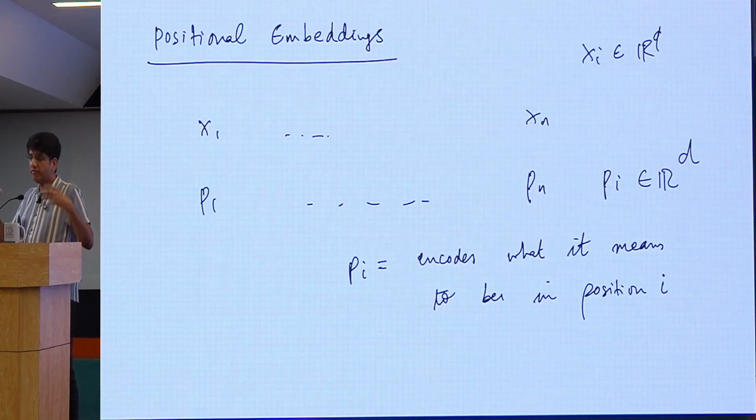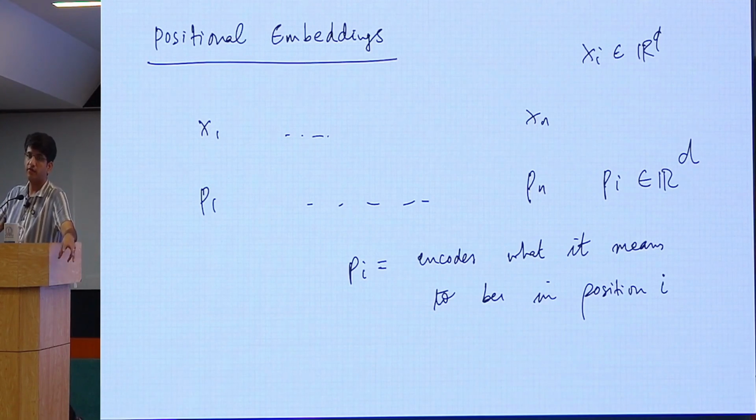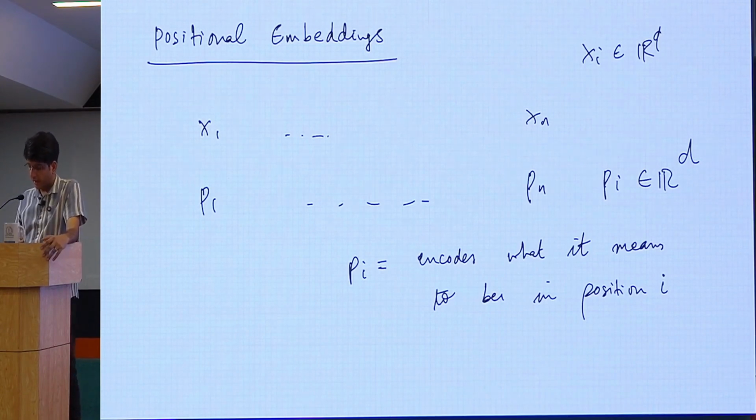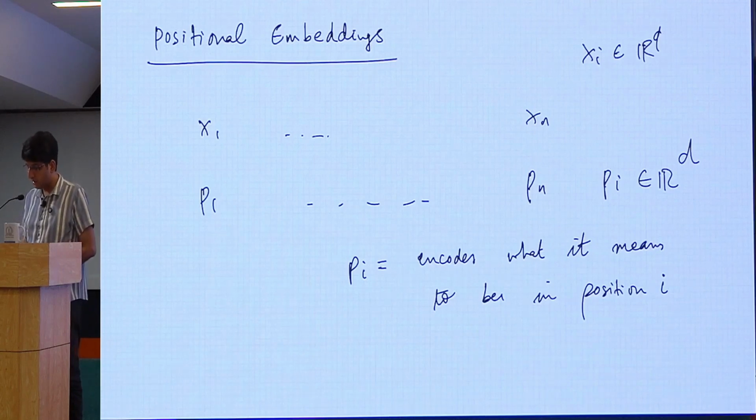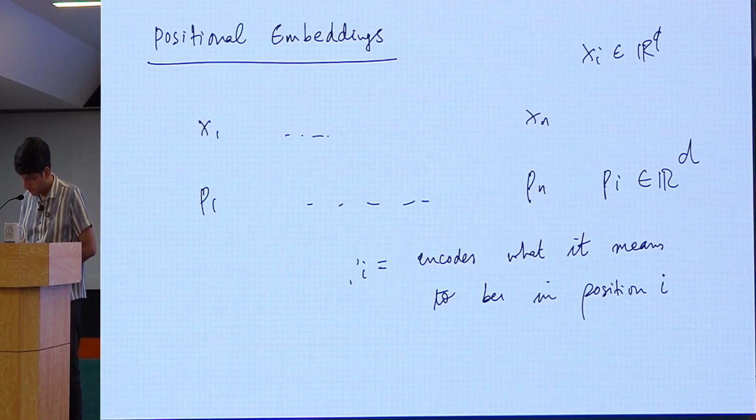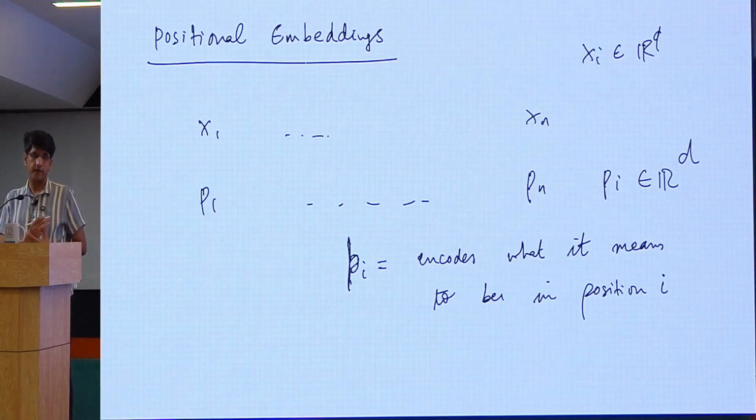If the first word should have some special properties because it's the first word, or the second word should have some unique properties because it's the second word, similarly, the ith word could have some unique properties just because it's the ith word. You define a vector pi which encodes what it means to be in position i.